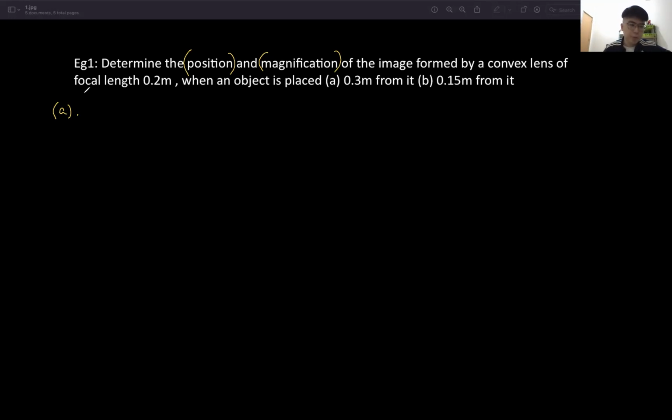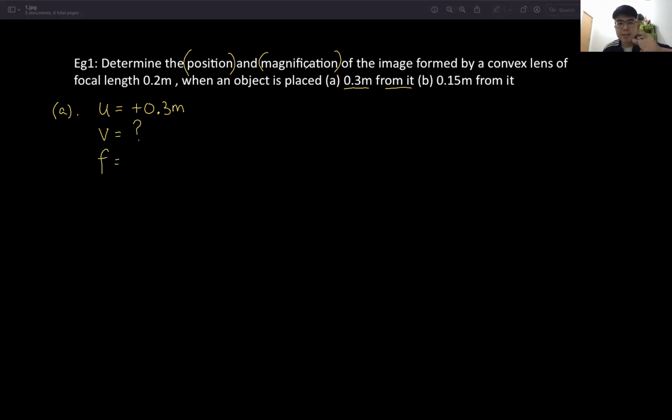Method number 2, formula. First I write down what is my object position. My object is placed 0.3 meter from it. Remember our object, what is the sign? We always take it positive for a real object, 0.3 meter. What is my V? I don't know the V. What is my F?